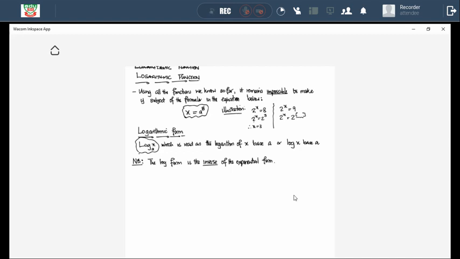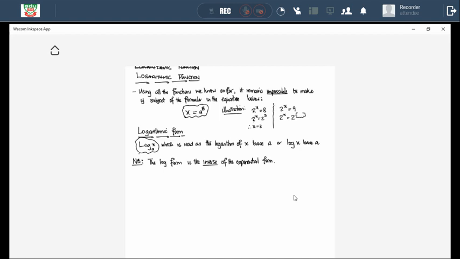The reverse of subtraction is addition. That's the other way around. The reverse of multiplication is division, and that of division is multiplication. The inverse of a square root is the square, and the inverse of a square is the square root. That was grade 10. The inverse of a cube root is the cube, and the inverse of a cube is the cube root.